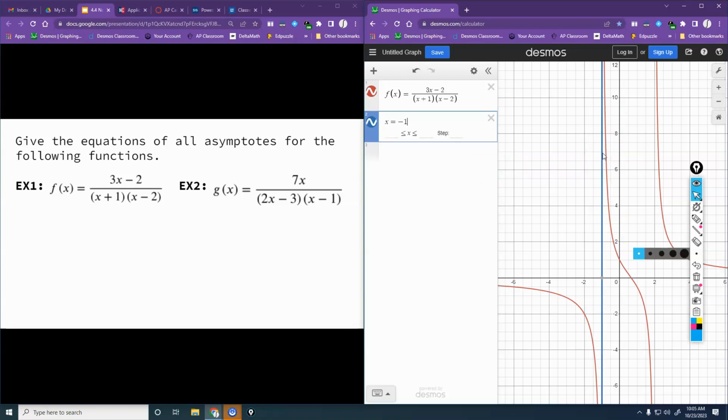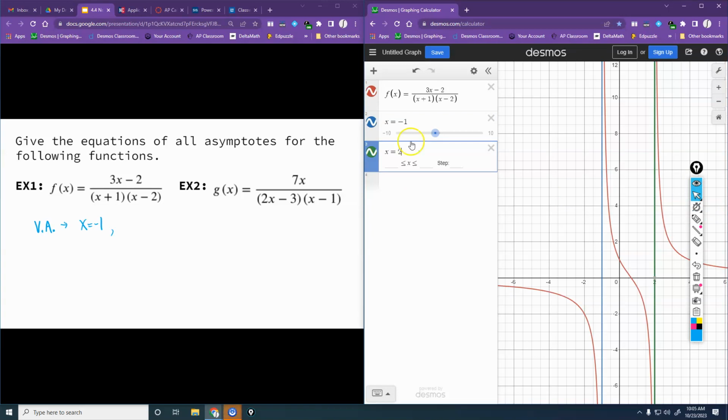So for this one, I'm just going to do VA for vertical asymptote. You would have a vertical asymptote at x equals -1. And then it looks like I have another one over here at probably 2. Let's type it in to see if that looks right. x equals 2. That looks like it is also a vertical asymptote. So x equals 2.